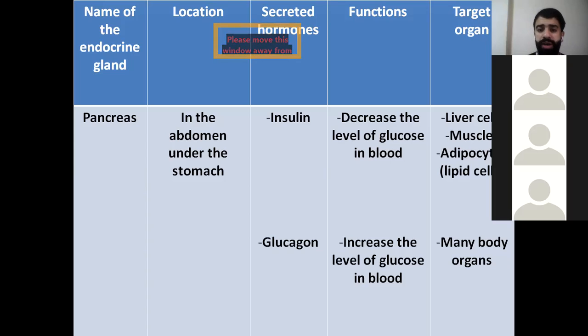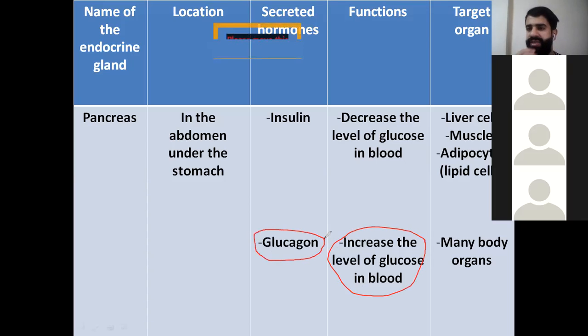Whereas glucagon works to increase the level of glucose in the blood. So increasing the level of glucose in the blood is the function of glucagon. Whenever, for example, you are fasting in Ramadan, you have about 10 to 12 or about 14 or 15 hours without eating. So this will consume all the stored glucose.